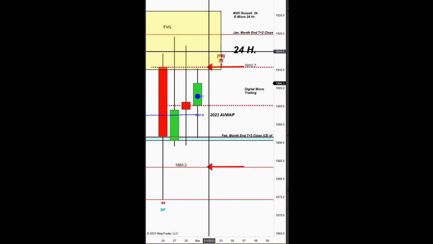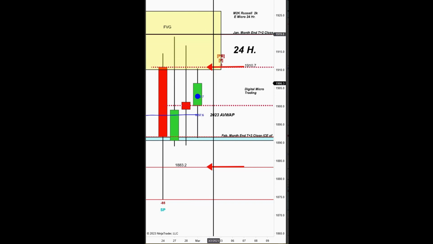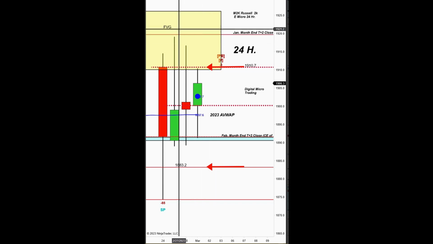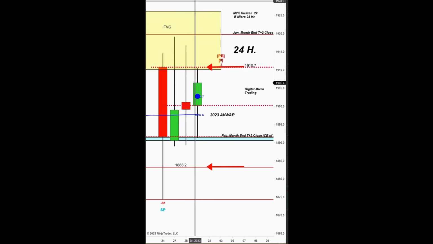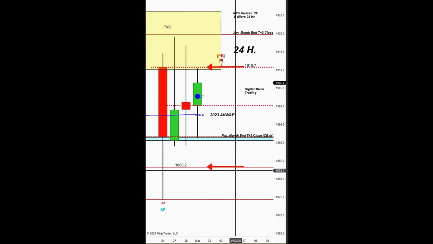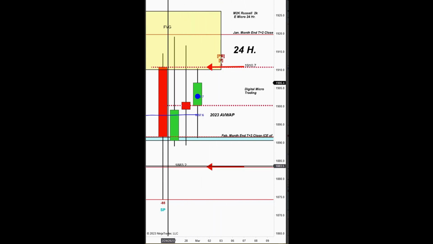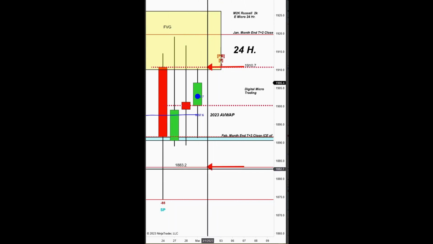Other than that, I just have the upper level here on the January T+2 close. Again, we haven't been there really yet. 1920, let's round up. And this yellow box here is a fair value gap that price has still not cleared. I don't anticipate this red arrow below at 1883.2 being hit.